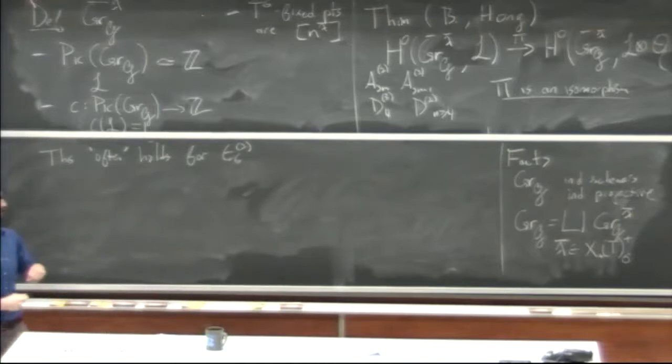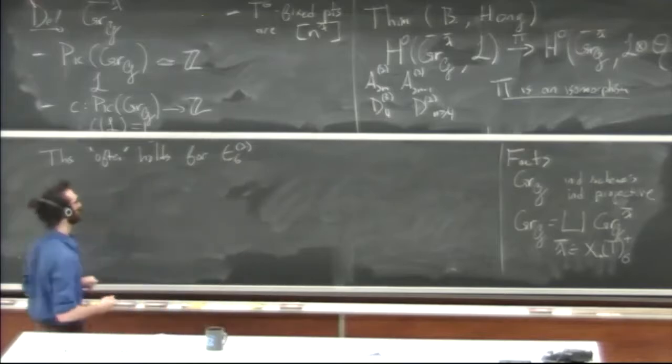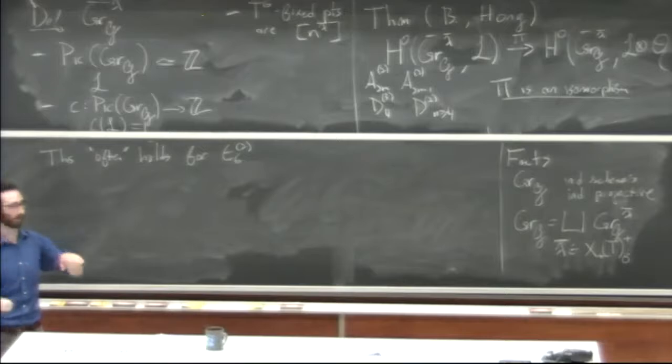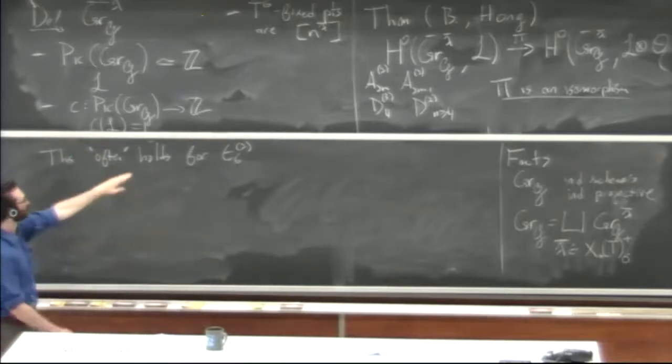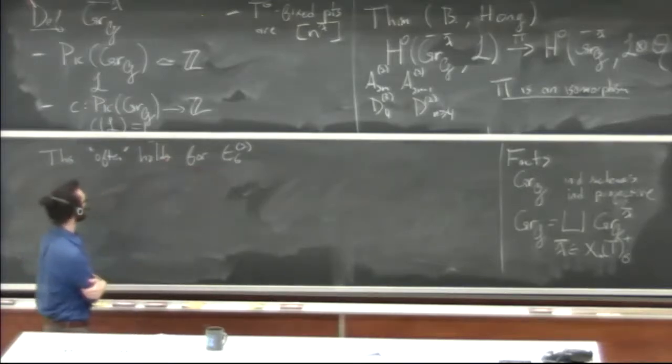In particular, there's one collection of dominant co-weights that cause problems, but for all the other dominant fundamental co-weights, this is known. So this is expected to hold always in E6 twisted, and it holds often.